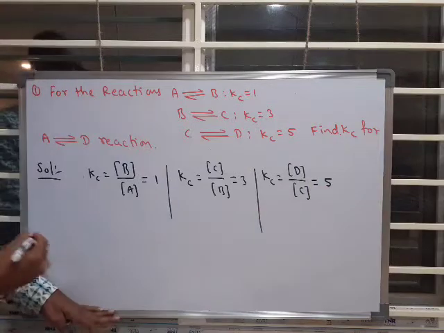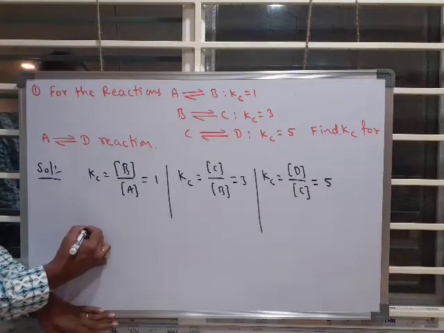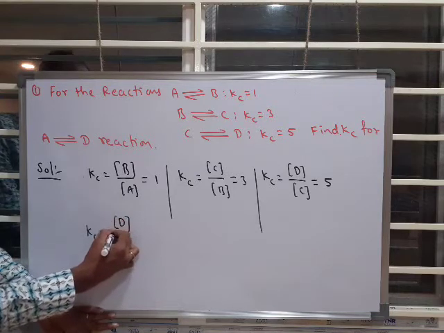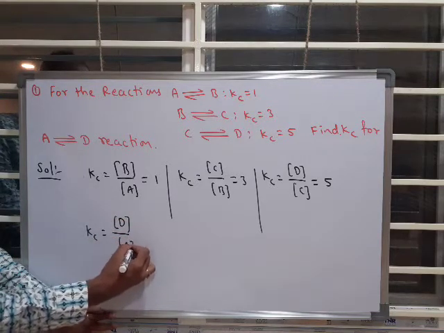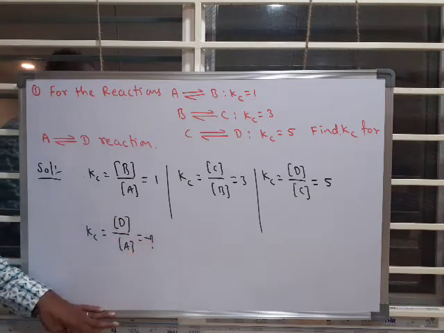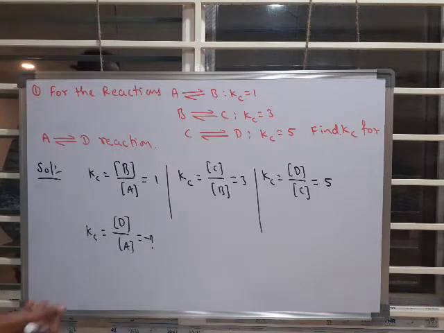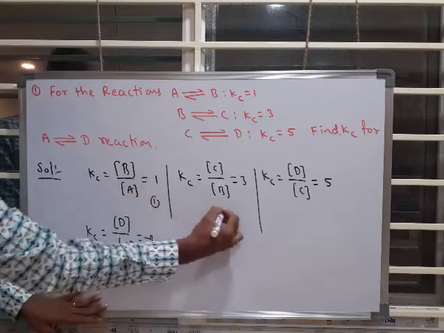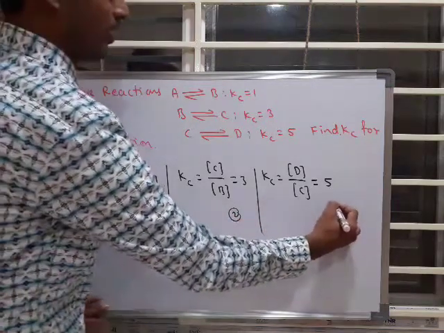Actually, what we have to find out is Kc, equal to concentration of D by A. How do we get D by A? Say it is equation 1, equation 2, equation 3.